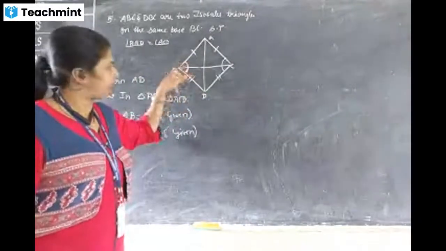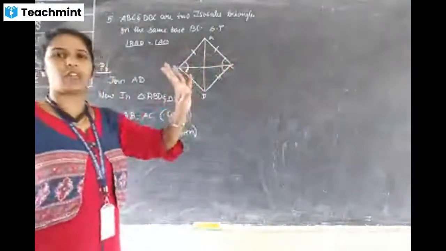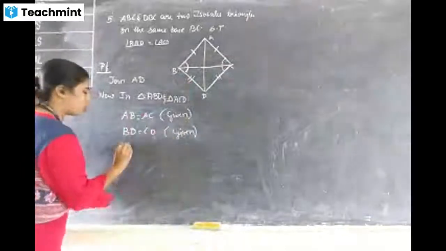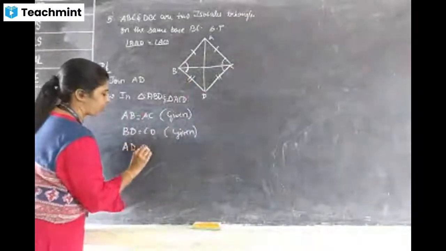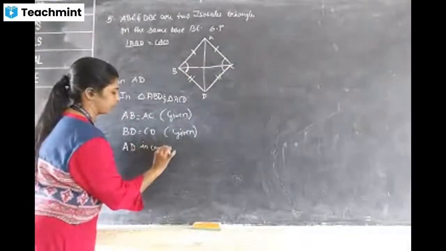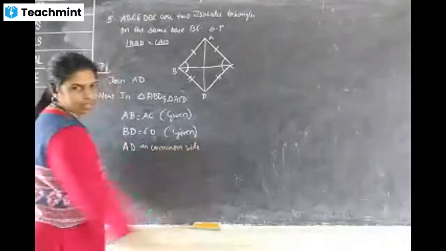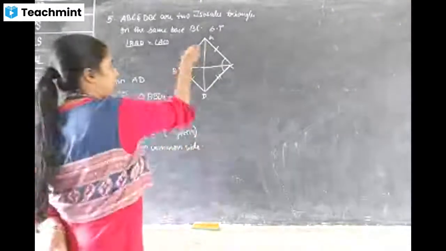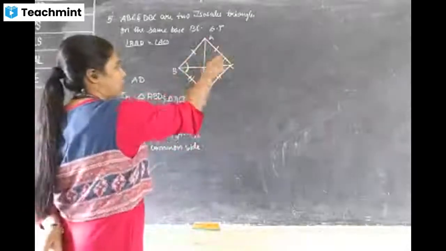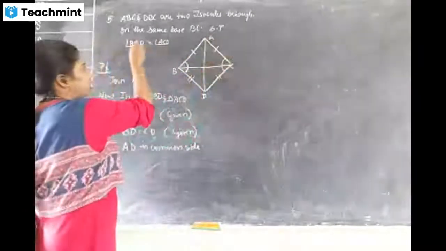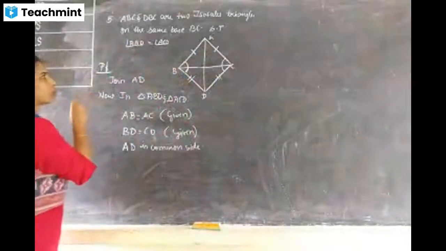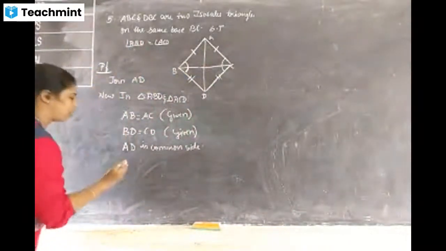Or angle B and angle C also equal. Okay, I'll write what you said: AD is common side. Or we can write angle ABD is equal to angle ACD, but we can't write that because they asked us to prove it.